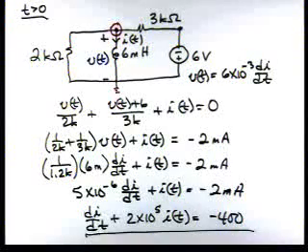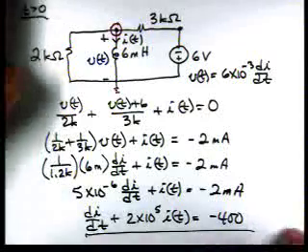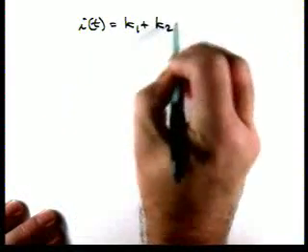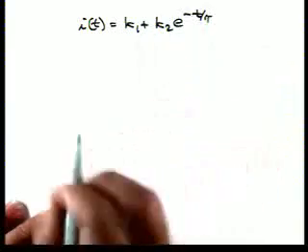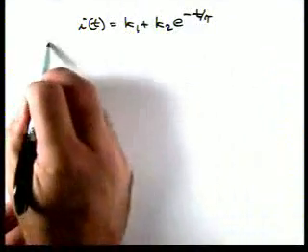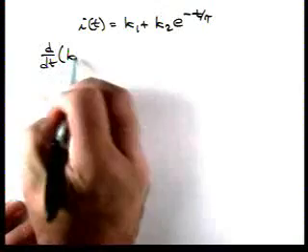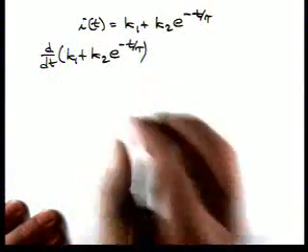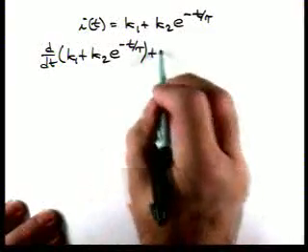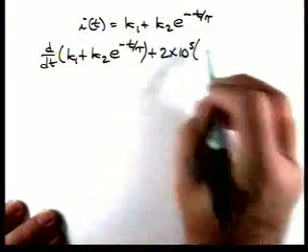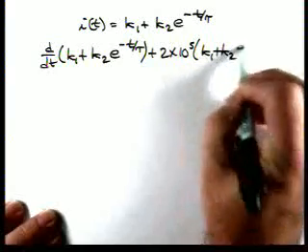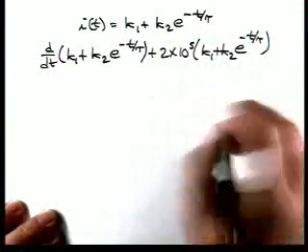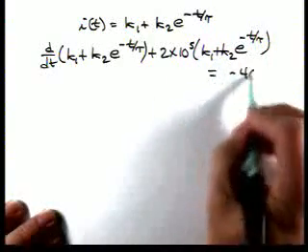Now what we're going to do is substitute in the form of our response. We know that i(t) is K1 plus K2 e to the minus t over tau. So now let's substitute in. We have d/dt of K1 plus K2 e to the minus t over tau, plus 2 times 10 to the 5th times K1 plus K2 e to the minus t over tau, and that's equal to minus 400.